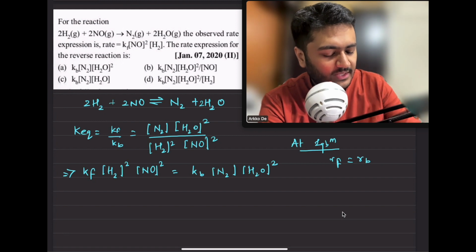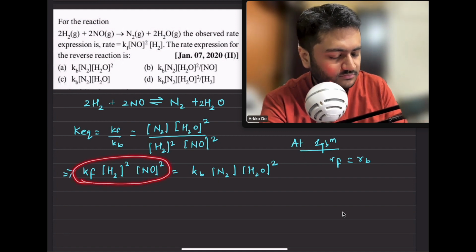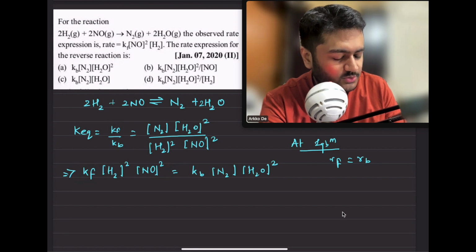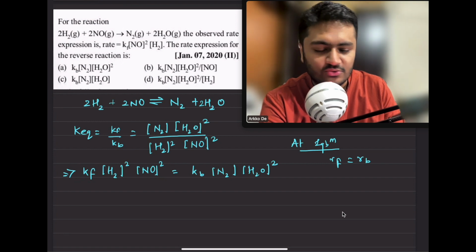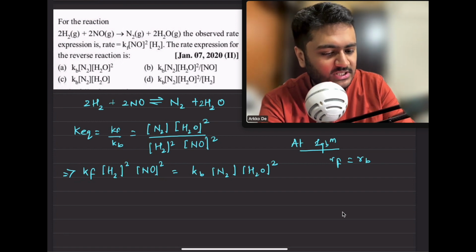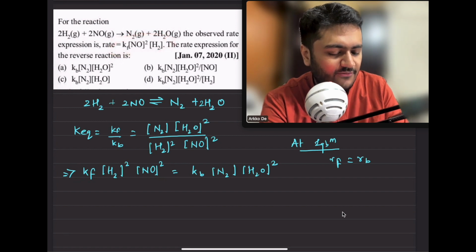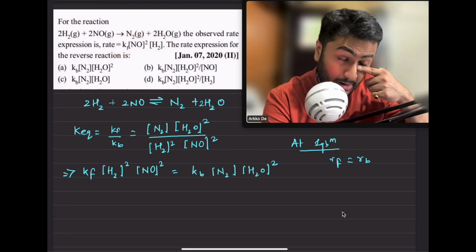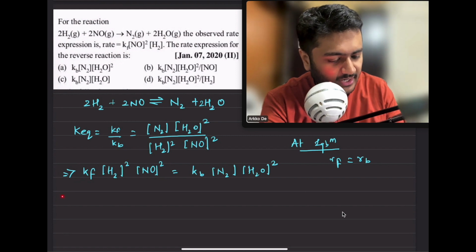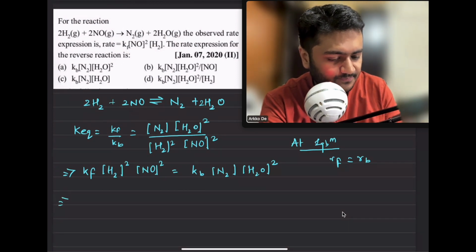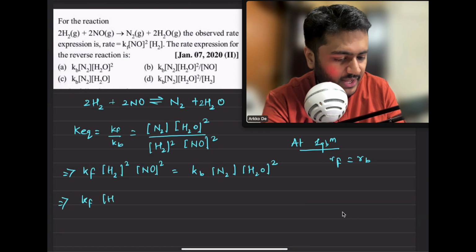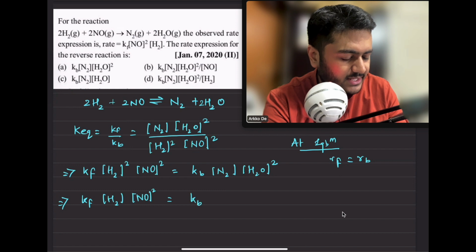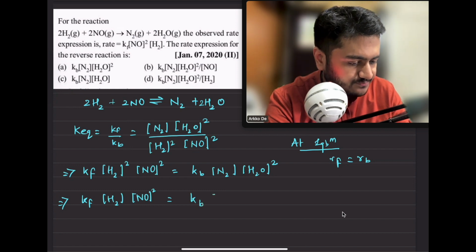In the question they have given Kf multiplied by NO square and H2, so I can just write it as Kf into H2 into NO square, and I'm going to write the other H2 on the other side.